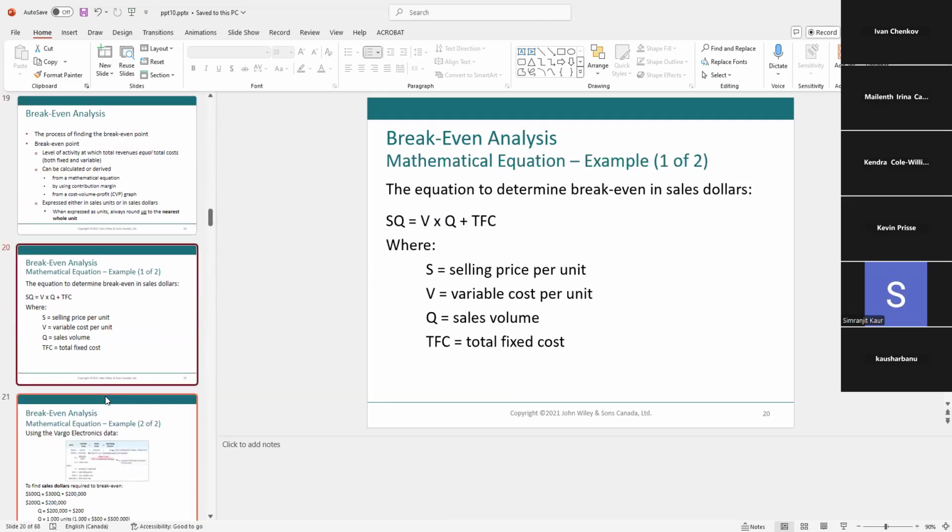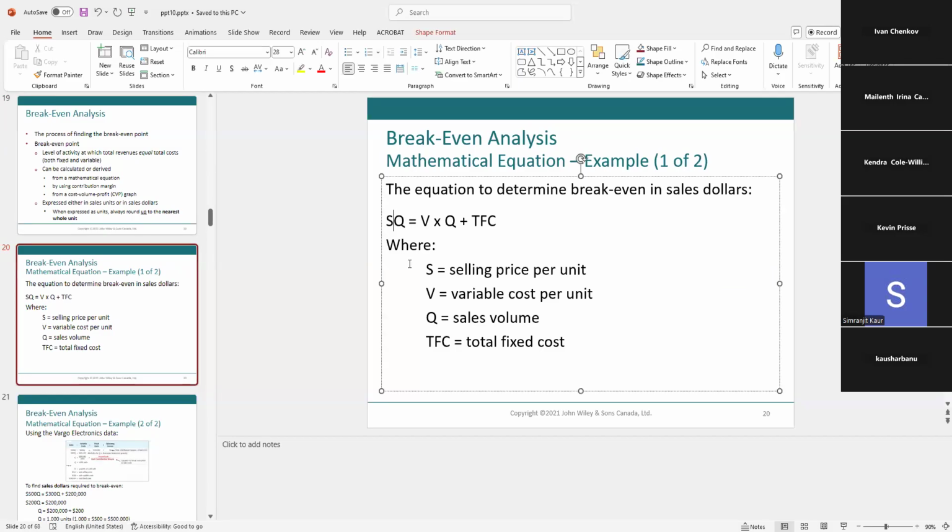Again, from the mathematical equation, sales per unit is equal to the variable cost. When determining break-even sales dollars, it is sales dollars times units, less variable cost times units, equals total fixed cost. Now the formula makes sense.